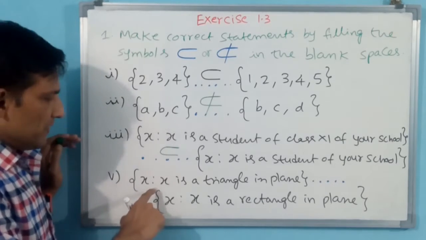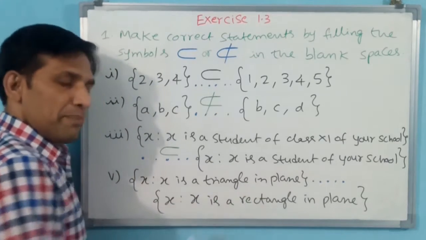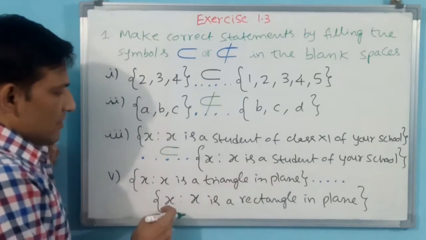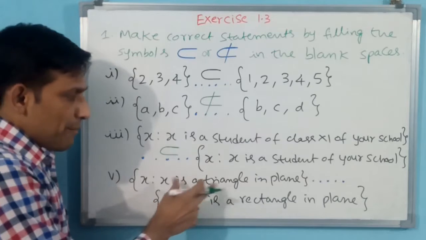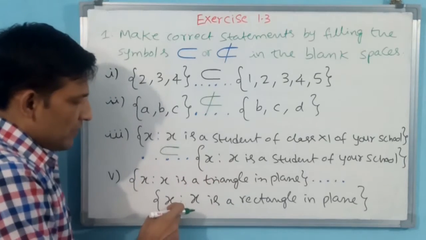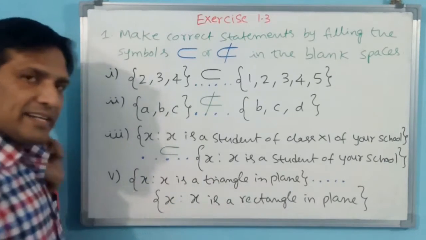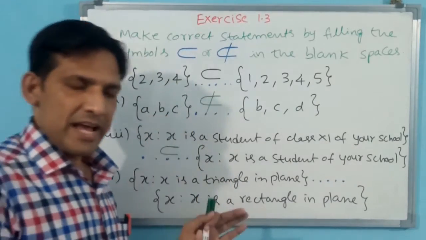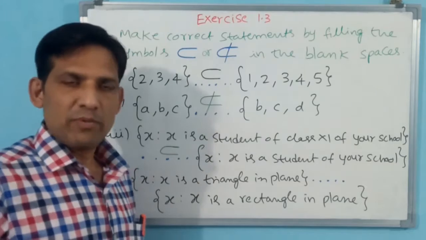For all values of x, x is a triangle in the plane. And we are comparing this with: for all values of x, x is a rectangle in the plane. How are we going to compare triangles and rectangles? See, triangle is a polygon, rectangle is a polygon.